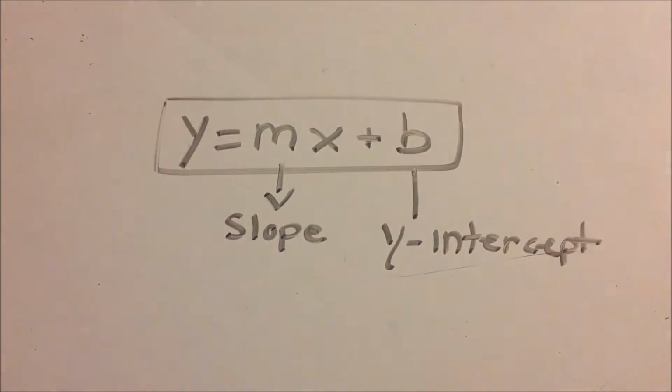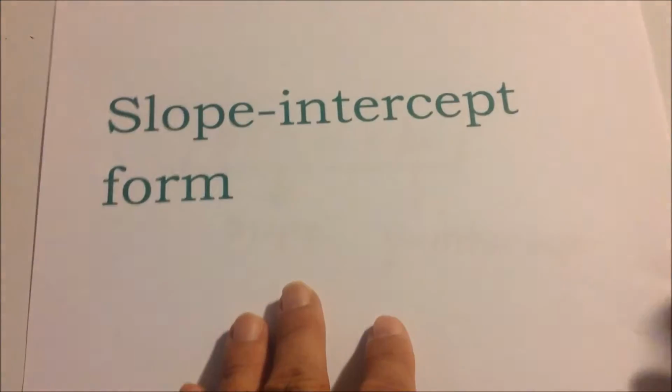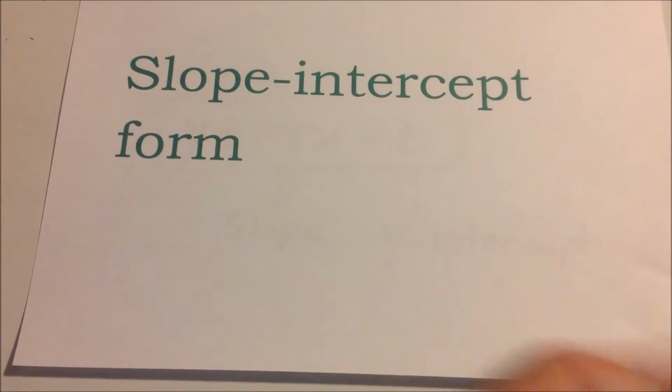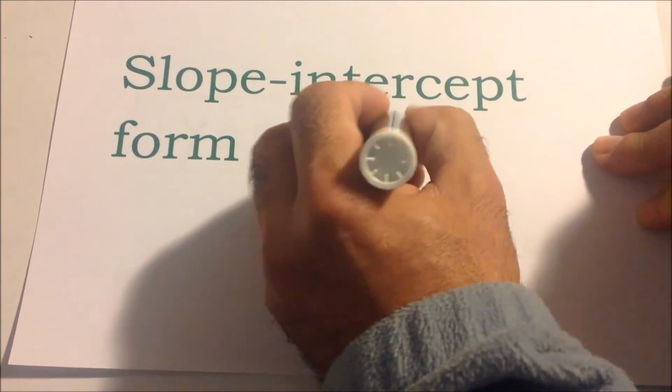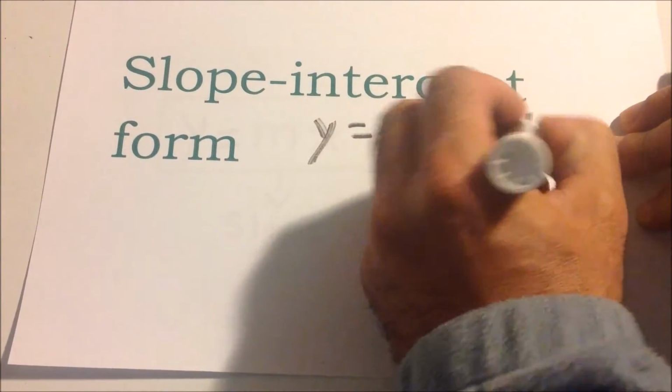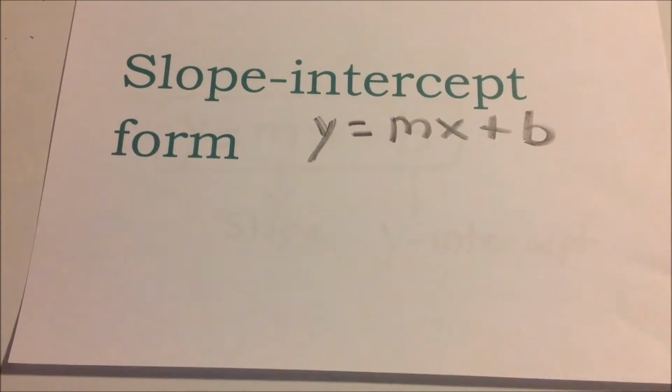Now, lines will also cross the x-axis, and there's an x-intercept, but we'll talk about that in another video. Again, there are different forms that we can represent this line. I said we have the slope-intercept form, and there's also standard form, which I'll go over later.